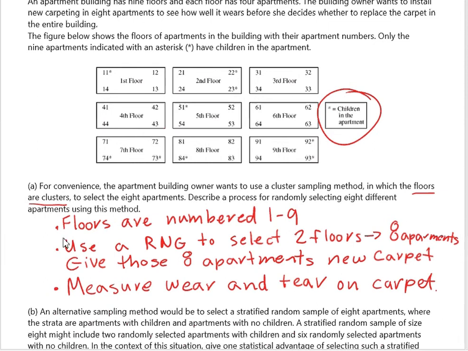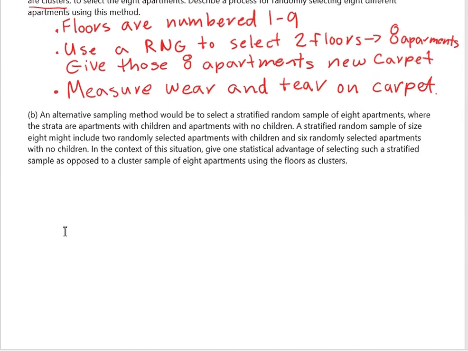Part B says an alternative sampling method would be to select a stratified random sample of 8 apartments, where the strata are apartments with children and apartments with no children. A stratified random sample of size 8 might include 2 randomly selected apartments with children and 6 randomly selected apartments with no children.